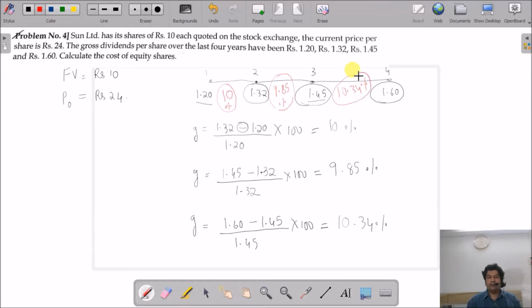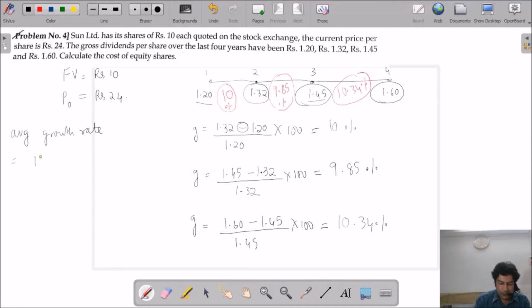So how you will present this in your exam is that you don't need to give the thorough working of it. This can be termed as a working note which the examiner is going to see. In the exam, what the examiner is going to see is your average growth rate. So here you have to present the average growth rate.